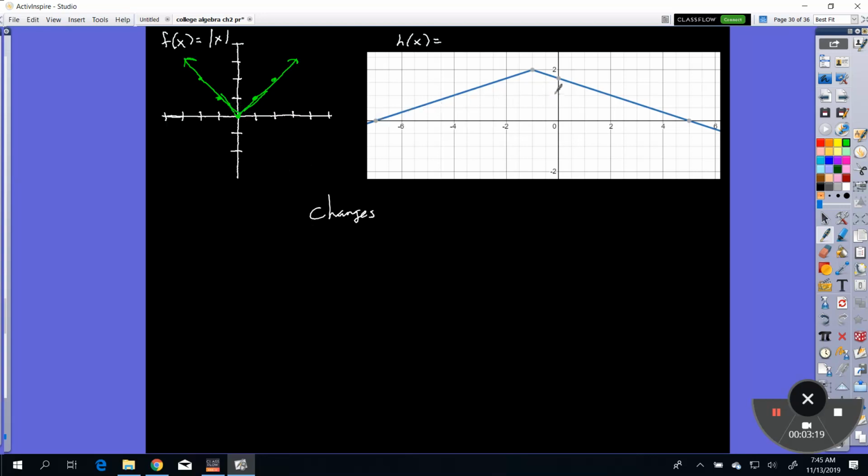Now my changes, I look at this one, it has moved left 1 and up 2. So I'm going to write that. Left 1, up 2. It goes upside down, so we call that a reflection over the x. And over here I went right 1, up 1.